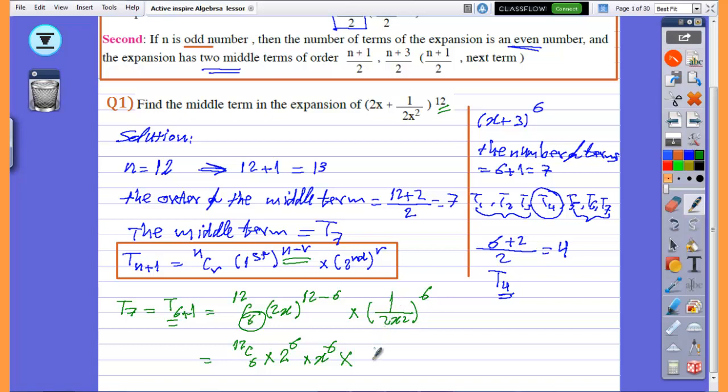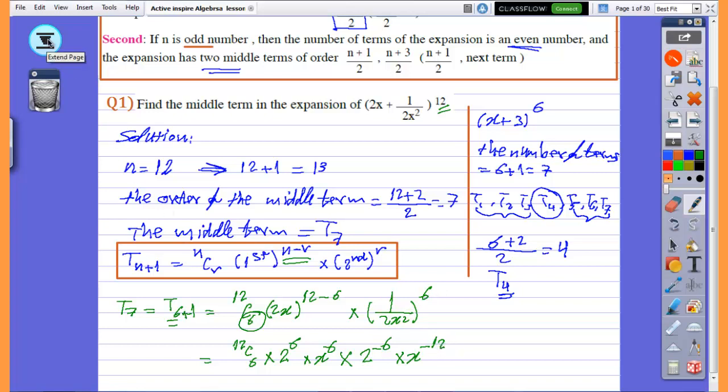So we can write it in the form 2^(-6) multiplied by x^(-12), because x squared is in the denominator. When you put it in the numerator it will be x^(-2), so to the power 6 gives x^(-12).